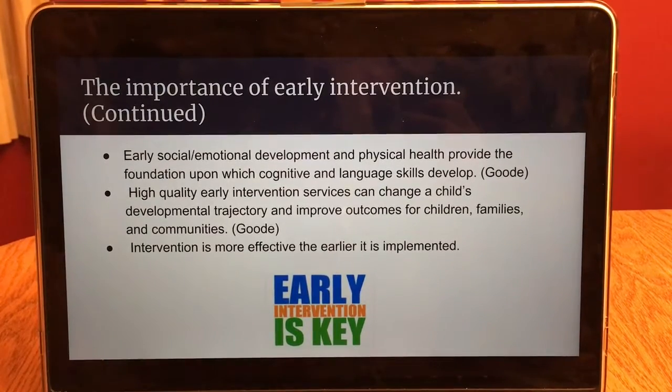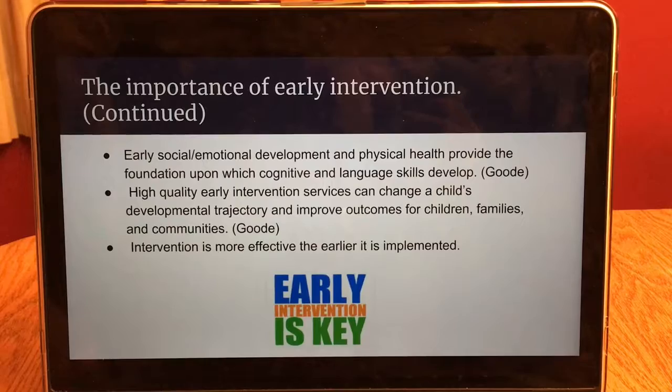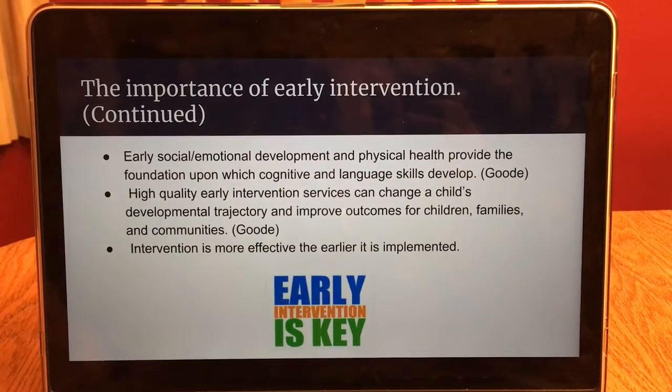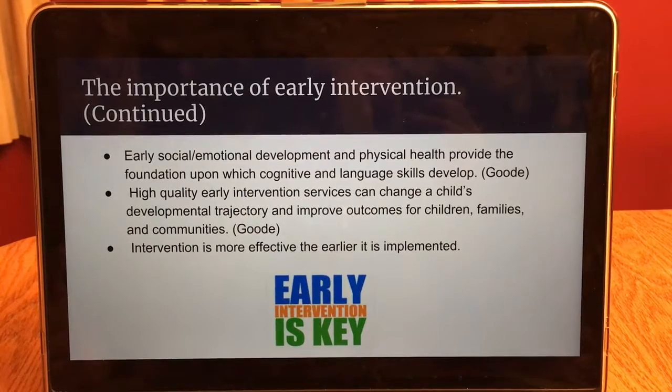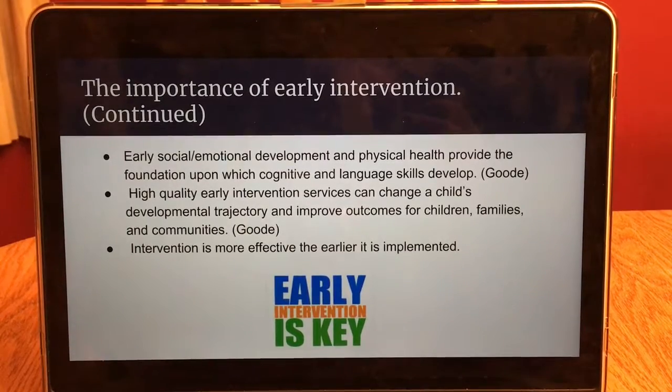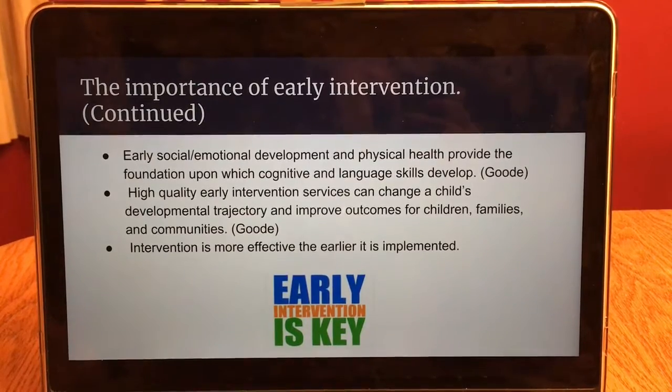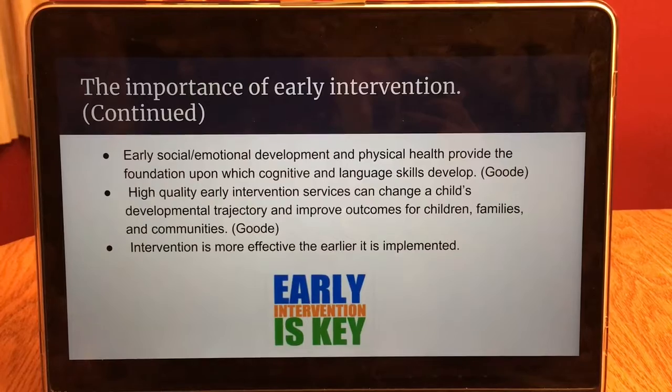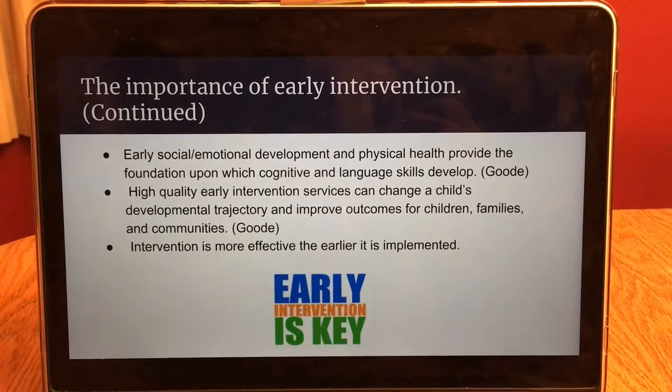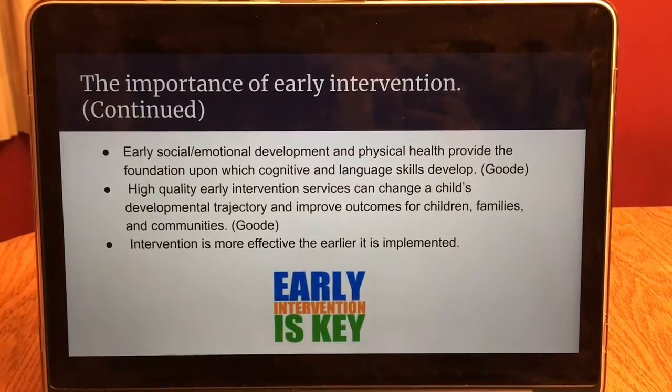So that early intervention, setting the record straight early, getting good habits in place will help the child a lot in the long run. High quality early intervention services can change a child's developmental trajectory and improve outcomes for children, families, and communities. Intervention is more effective the earlier it is implemented. So early intervention really is key.